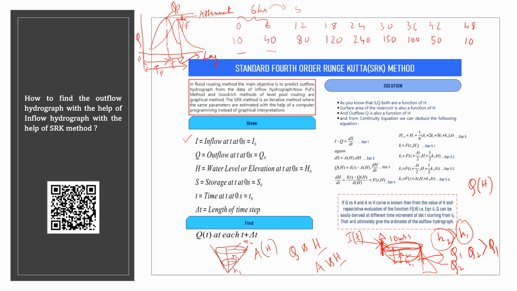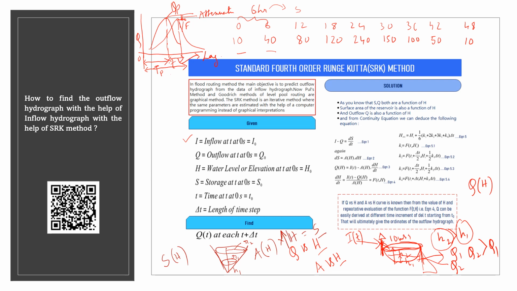And also the storage. Of course, elevation represents storage. If you multiply the surface area with the elevation, you have the volume of water stored in that reservoir. So if H increases, storage will increase.